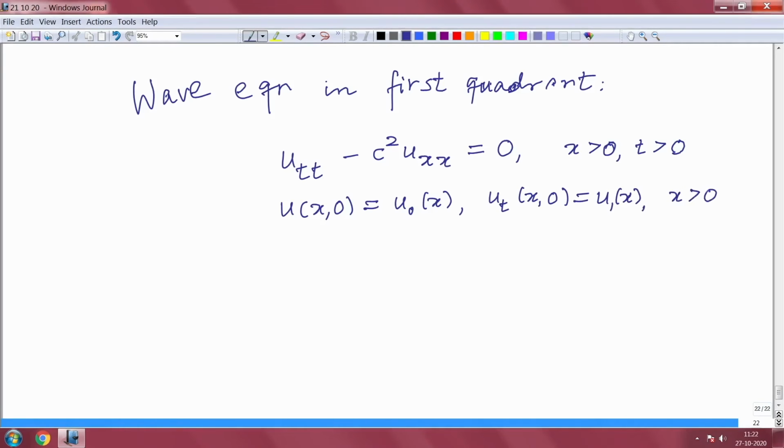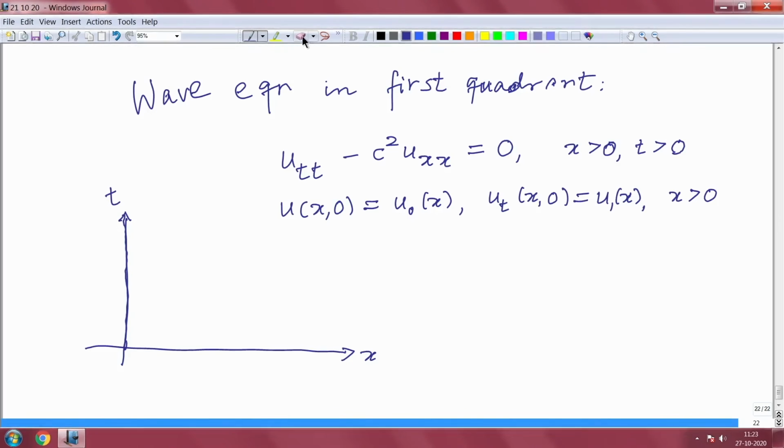Okay. So, let me draw this domain where we are interested. So, this is the x axis and this is positive t axis. Okay. So, we are interested in finding the solution in this first quadrant, x positive t positive, and now see earlier this was not there, but now there is a boundary here. Okay. So, we distinguish the initial line and the boundary line.